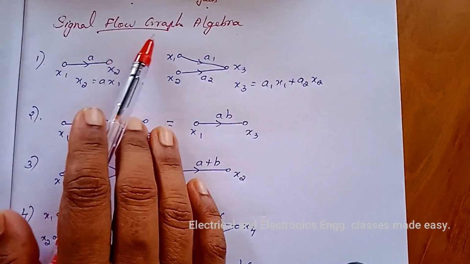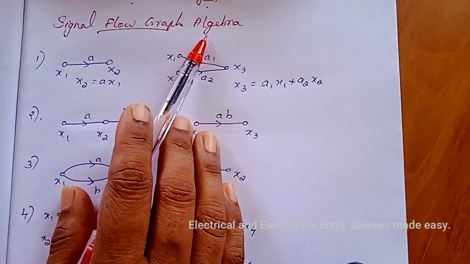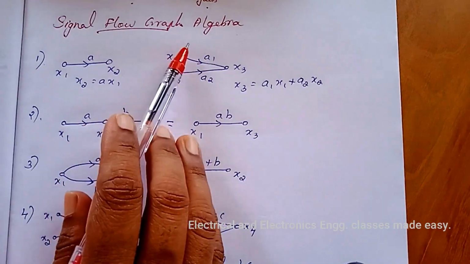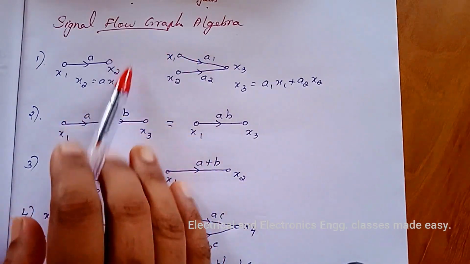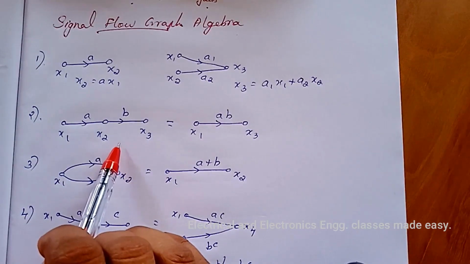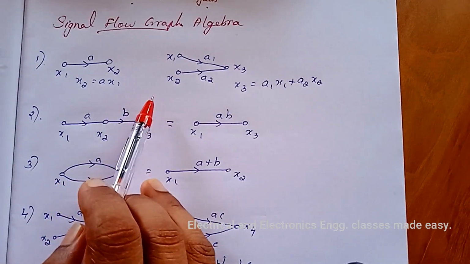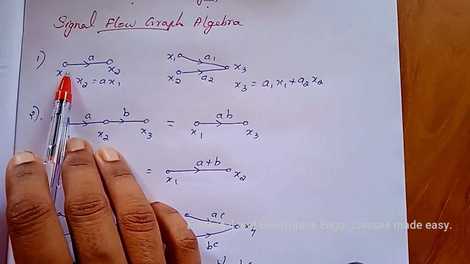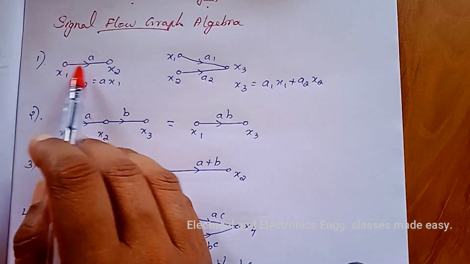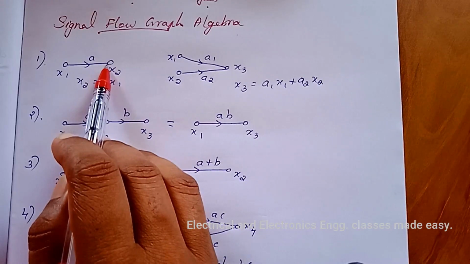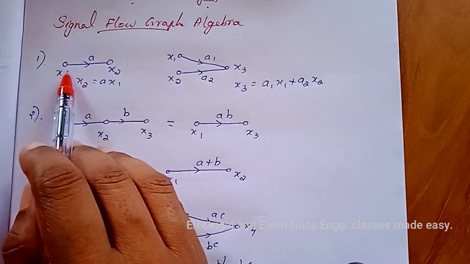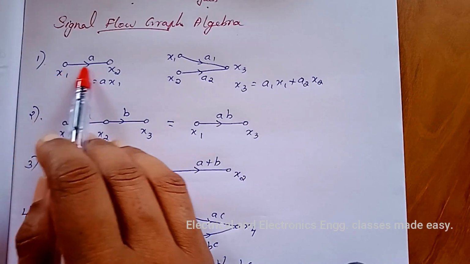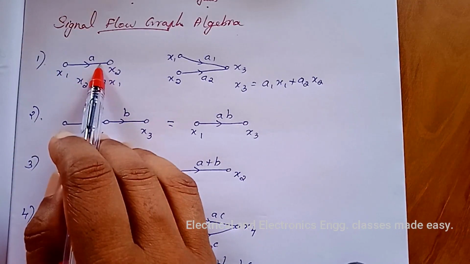Next is signal flow graph algebra. The signal flow graph for a system can be reduced to obtain the transfer function of the system using the following rules. First one is incoming signal to a node through a branch is given by the product of the signal at the previous node and the gain of the branch.